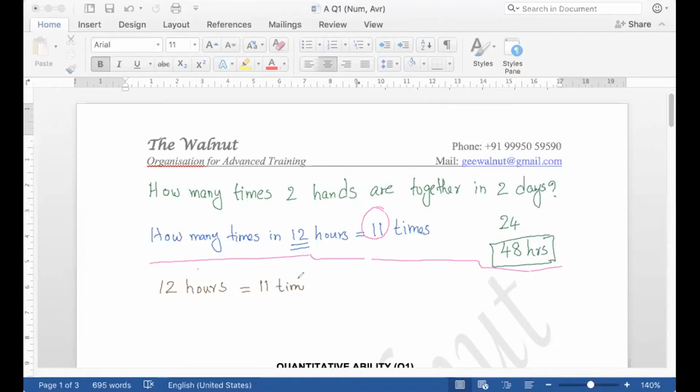What do you think? Two hands of the clock are opposite, 180 degrees. I'm not talking about 90 degrees, opposite. Well, in 12 hours, it happens only 11 times. Think about 1 hour, between 12 and 1 o'clock. Between 12 and 1 o'clock, how many times does it happen?